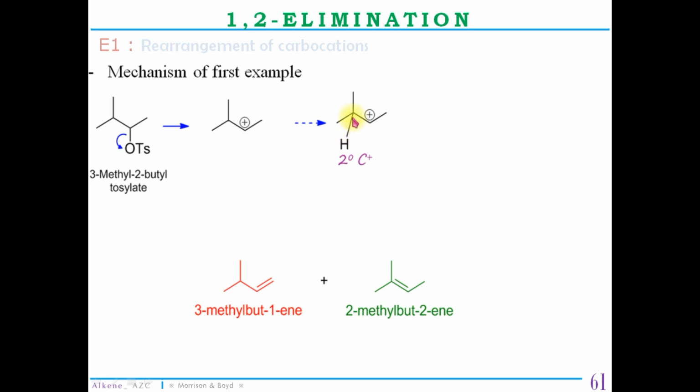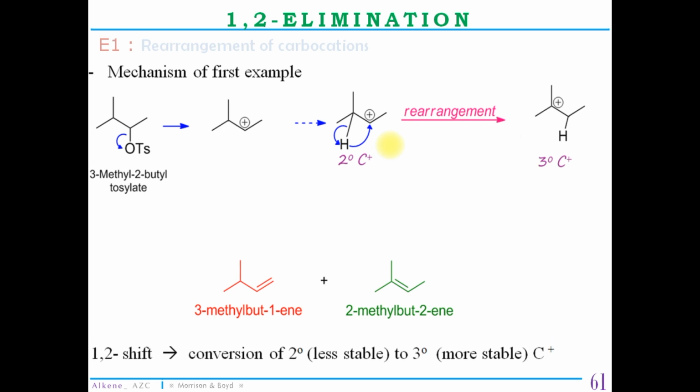So if this hydrogen shift is possible, it gives a tertiary carbocation, which is more stable than the secondary carbocation. This is called a rearrangement, which is a 1-2 shift converting a secondary to a tertiary carbocation.